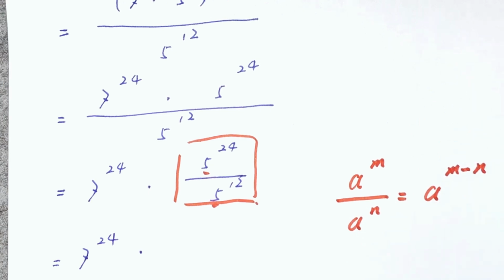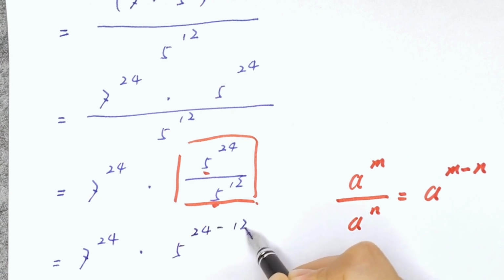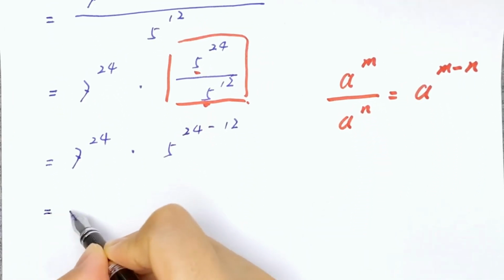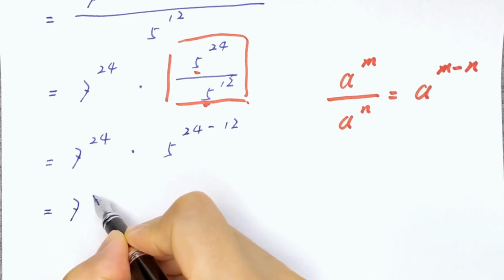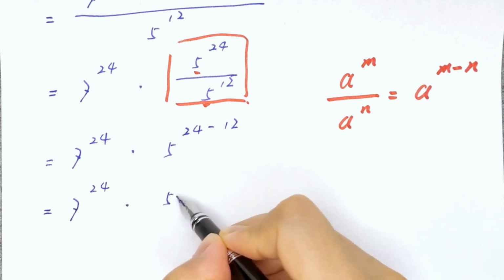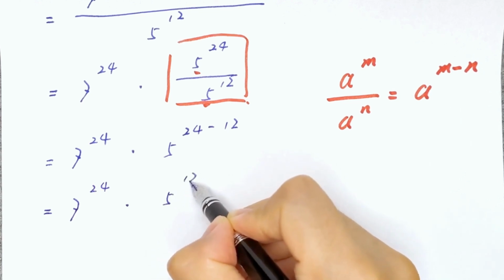So in here, 5 to the power of 24 minus 12 equals 7 to the power 24 times 5 to the power 12.